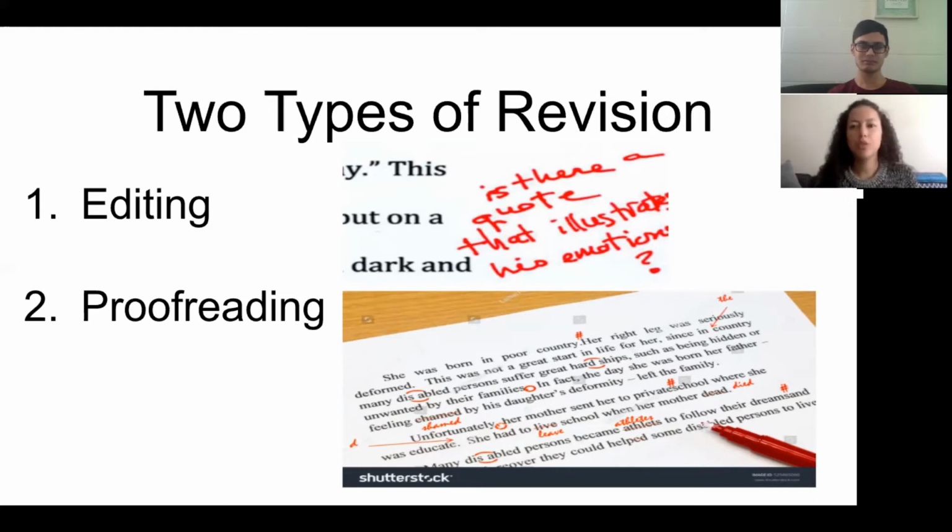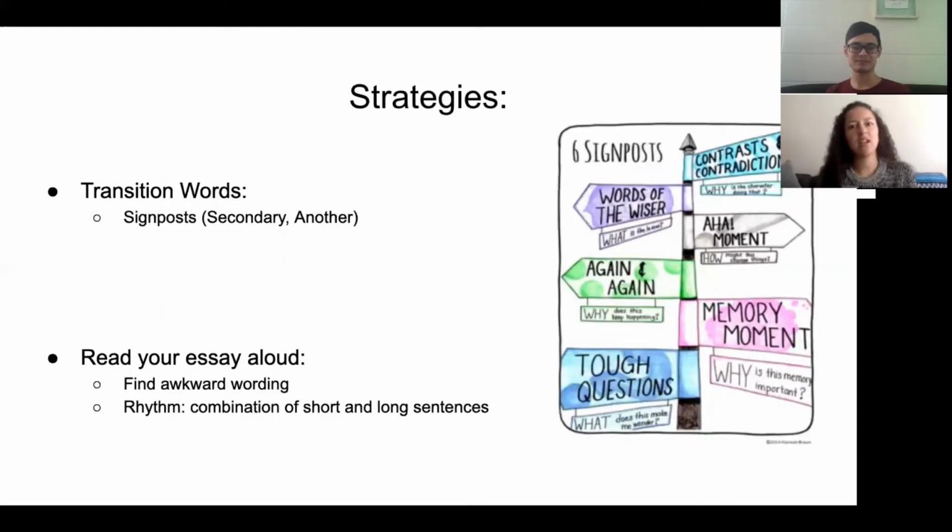You want to really look at every sentence, every paragraph, the content, and make sure that your writing and your thoughts correlate together. And so just like Mark was saying, you want to have key strategies that you can use while you're editing your paper.